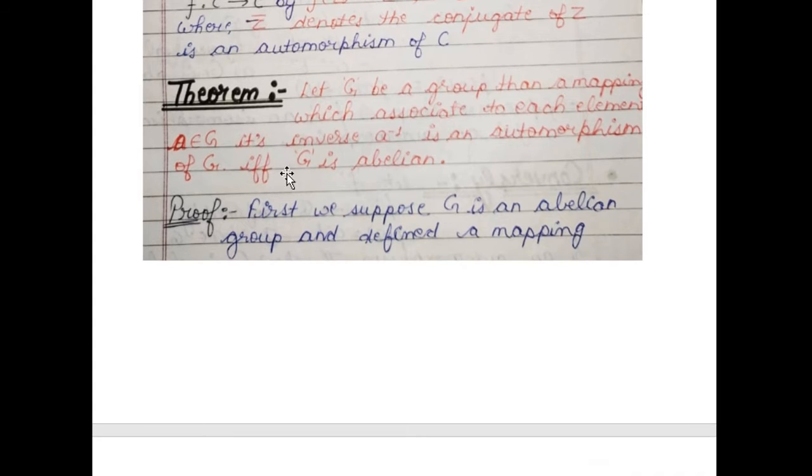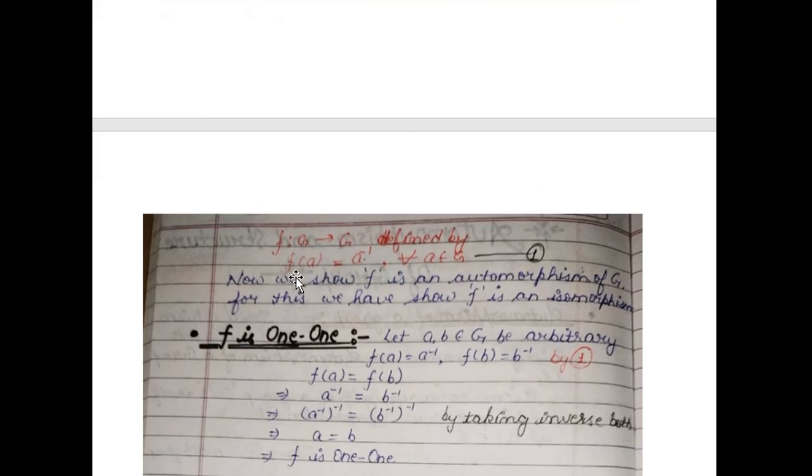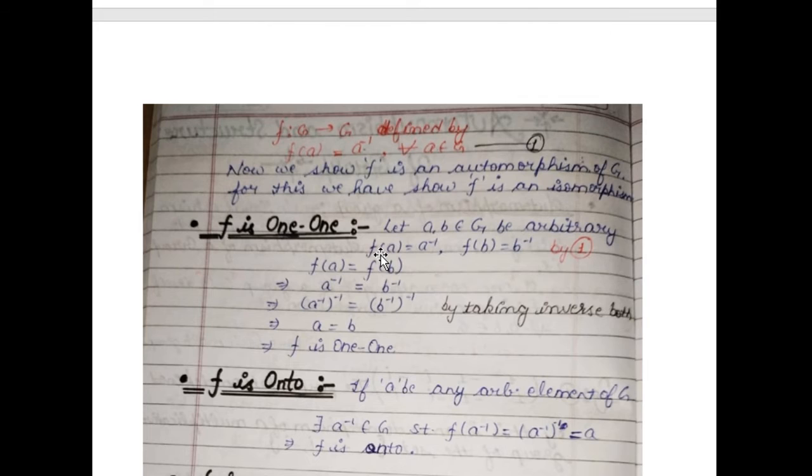This is the definition of the mapping. It associates each element with its inverse. So F(a) is equal to a^(-1) for all a belonging to G. Now we have to show this F is an automorphism. For that we have to show this mapping F is an isomorphism, and for isomorphism we have to show it is 1-1, it is onto, and it preserves composition.